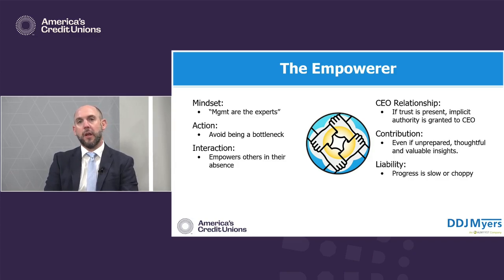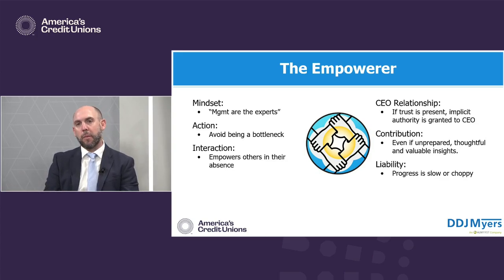The contribution, even if the board chair is maybe even, for whatever reason, unprepared, they might still have very thoughtful and valuable insights to offer on the relevant discussions, right? Just because they may be an empowerer doesn't mean that they can't add value, and then boom, all of a sudden, wow, that was something we didn't expect or anticipate, but that was excellent.